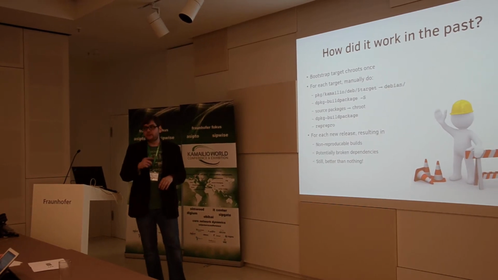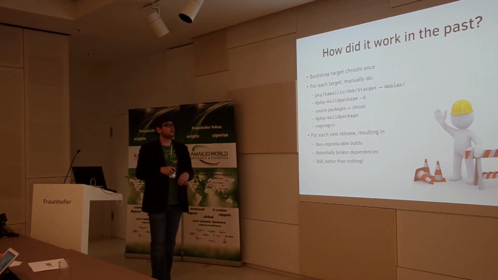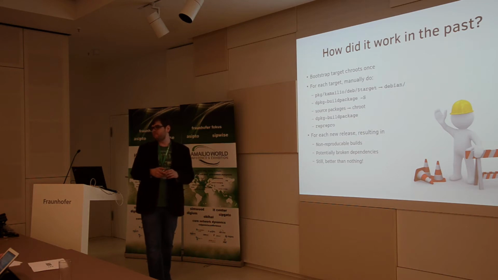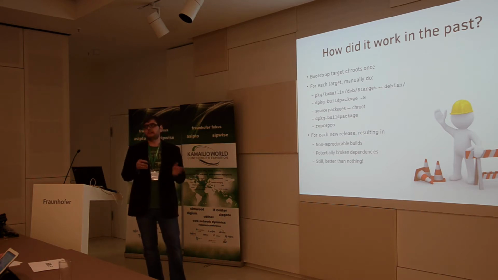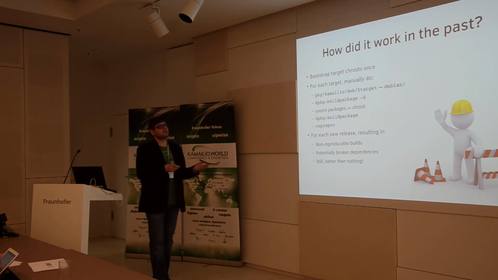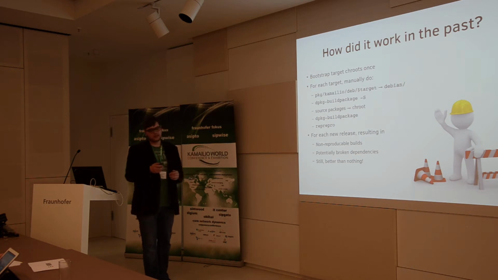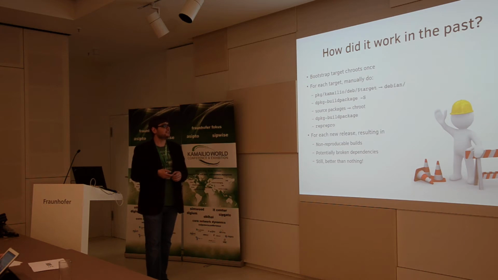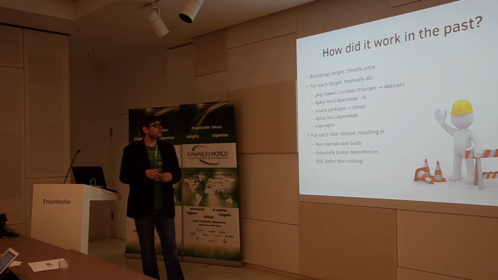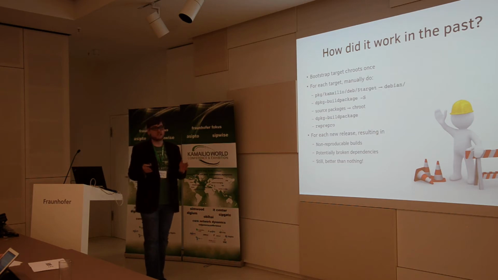How did it work in the past? How were Debian packages and Ubuntu packages being made, until I think February or something like that? It was a manual process, and it was not so easy and was quite hackish actually, but it was better than nothing. So we could at least provide Debian packages.